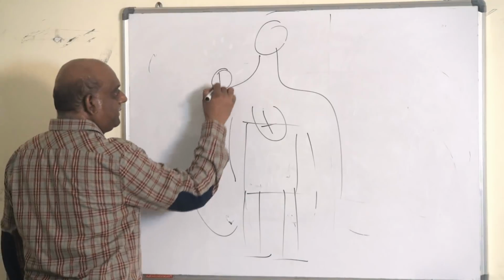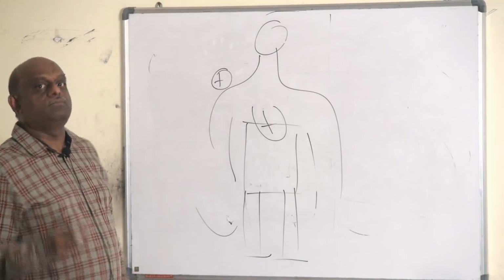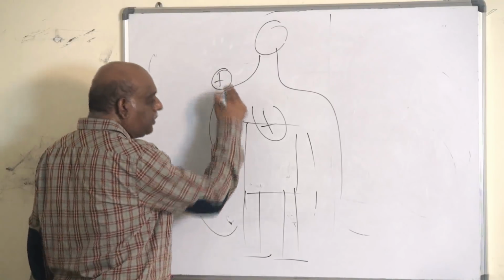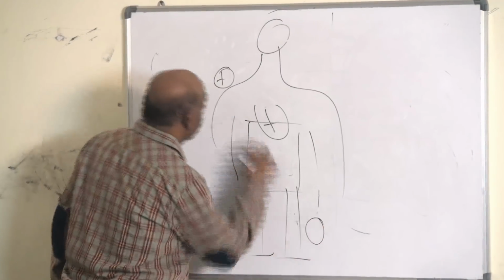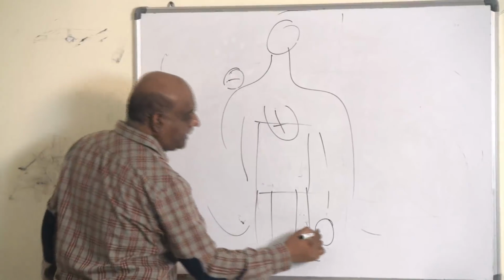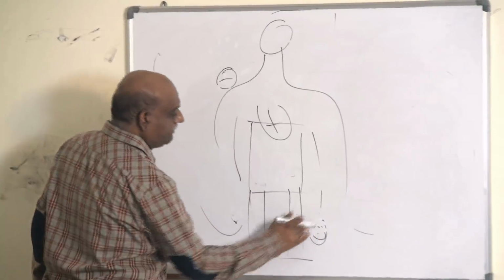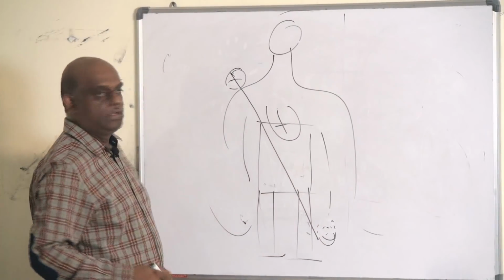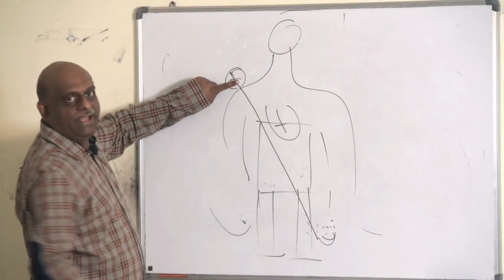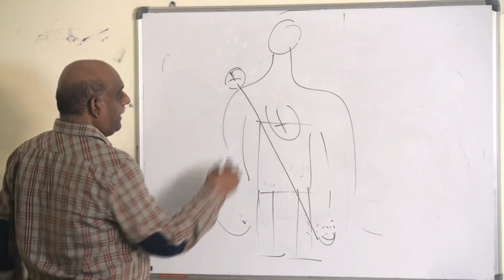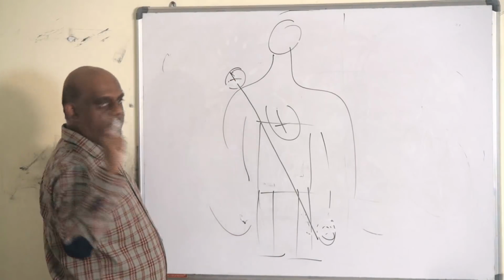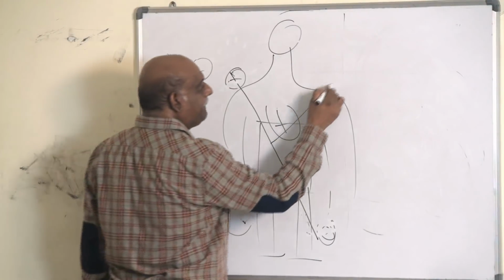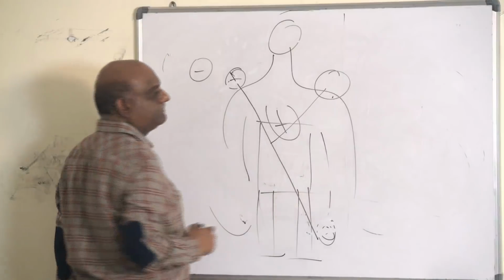You take the right arm, and you take the left leg. Right arm and left leg. You connect both of them, the right arm and the left leg, make them one electrode, let it be minus, and compare it with the left arm.